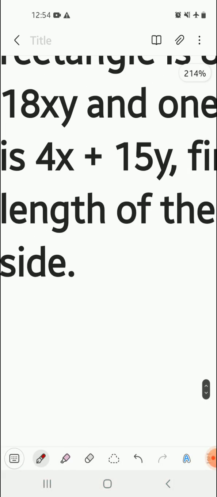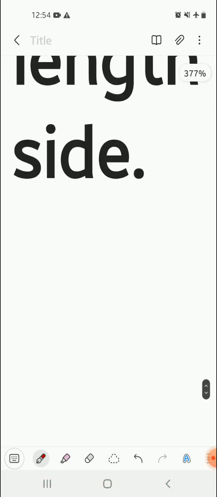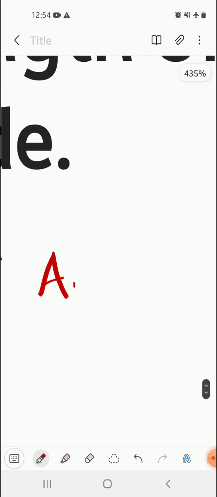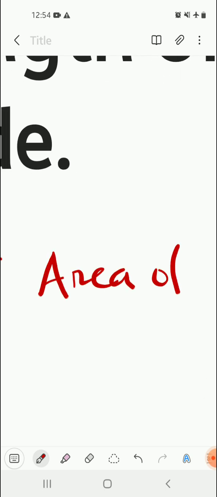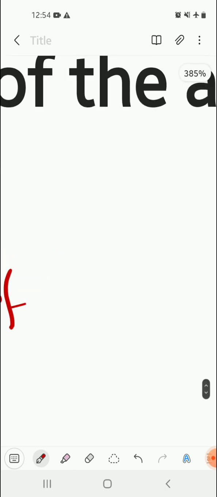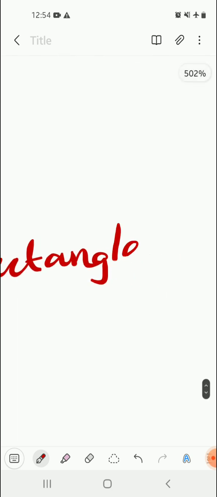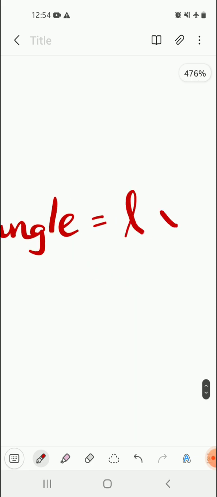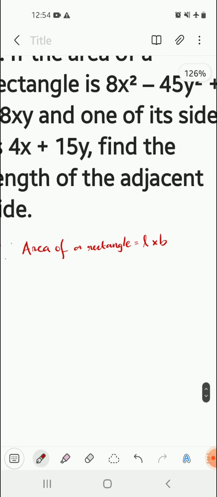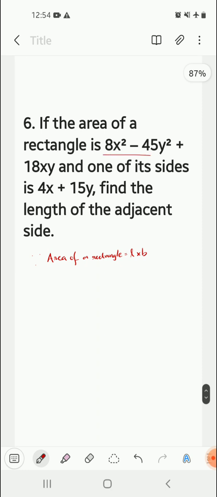So first of all, we know that the area of a rectangle is equal to length into breadth. Here in the question, the area is given as this and one of its sides is given as this. So we are going to find the other side.